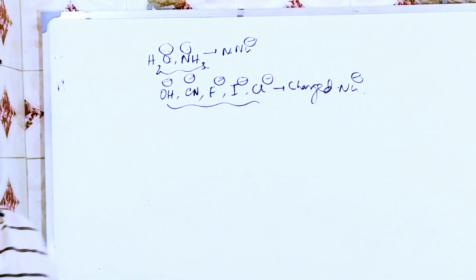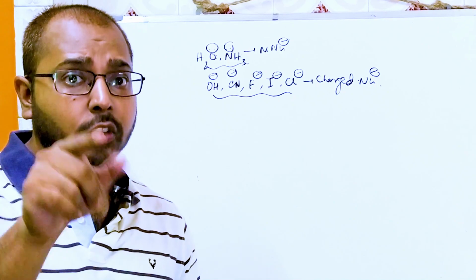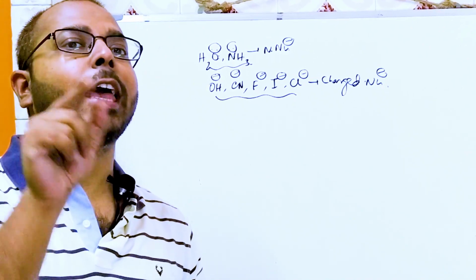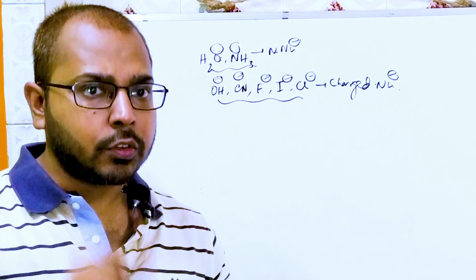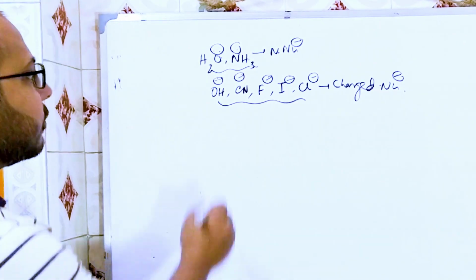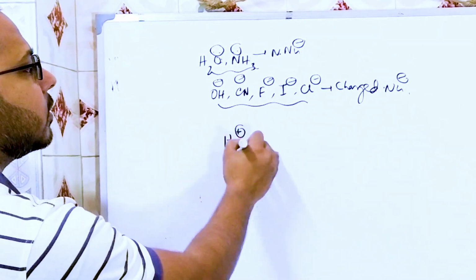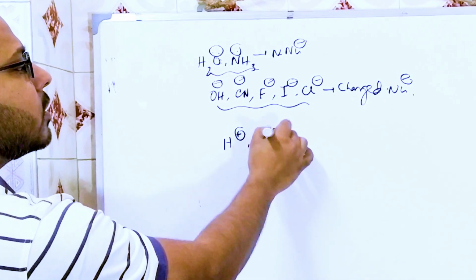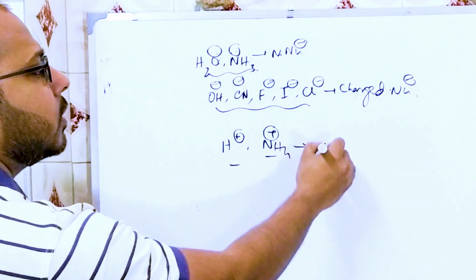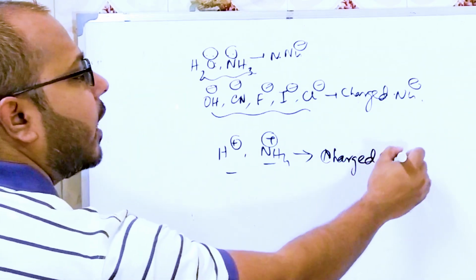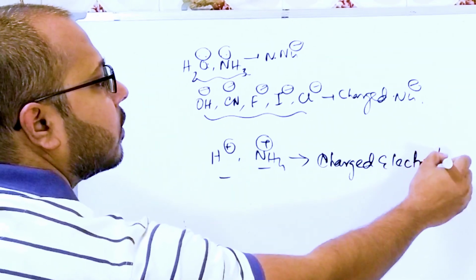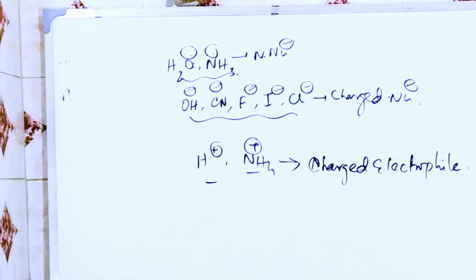Okay? And what is meant by electrophile? Electrophile means you have the ability to accept electrons. So for that, you should have a positive charge. Obviously, you should have a positive charge. So they are called charged electrophiles, isn't it?